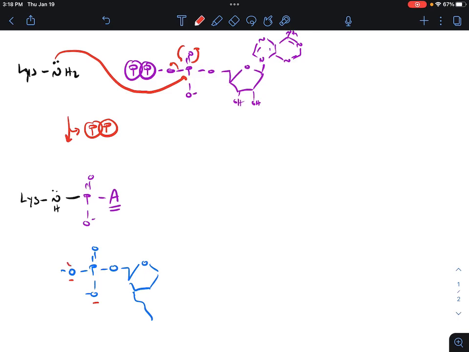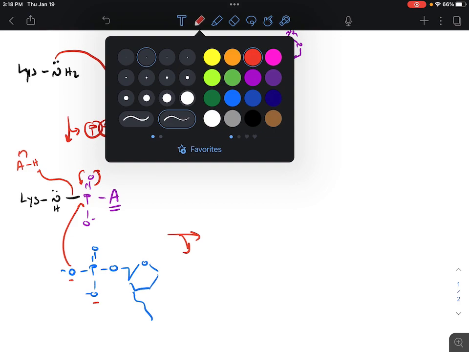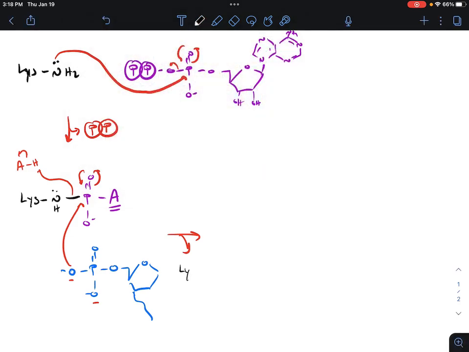So choose one of the oxygens, make it a nucleophile, and make a bond between the oxygen and that phosphorus. We form our intermediate, which collapses, and in this case we're going to need a general acid here. This bond between the phosphorus and the nitrogen is broken, and we end up releasing lysine. So the lysine side chain is reformed.